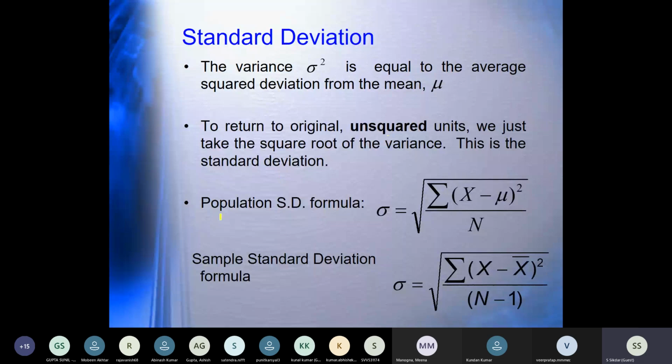Now, in general, people calculate two types of standard deviation. One is population standard deviation and another is sample standard deviation. Sample means that maybe you have taken 10 samples out of these 100 students, or population.